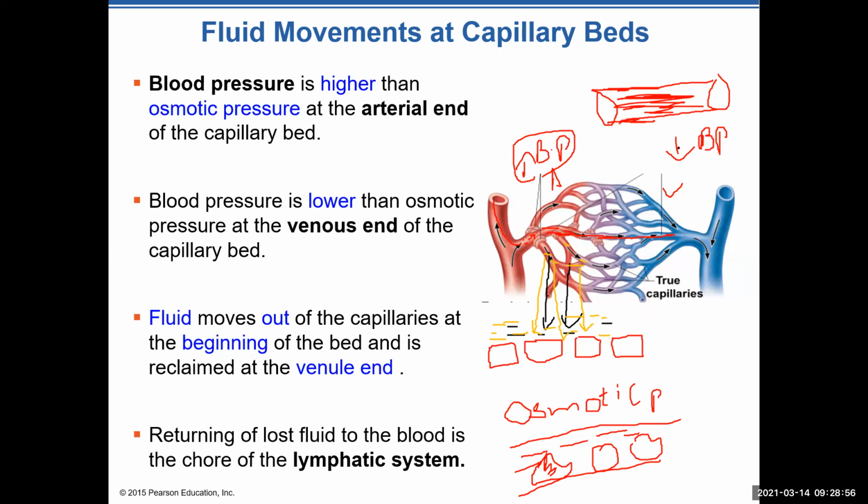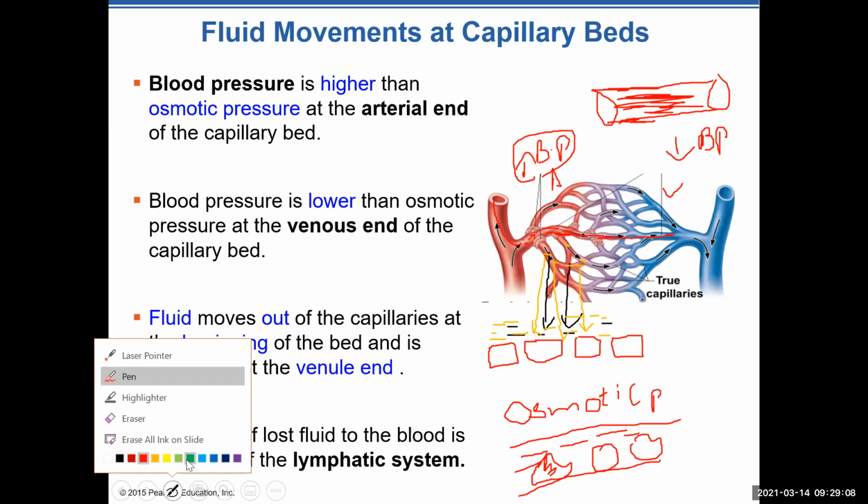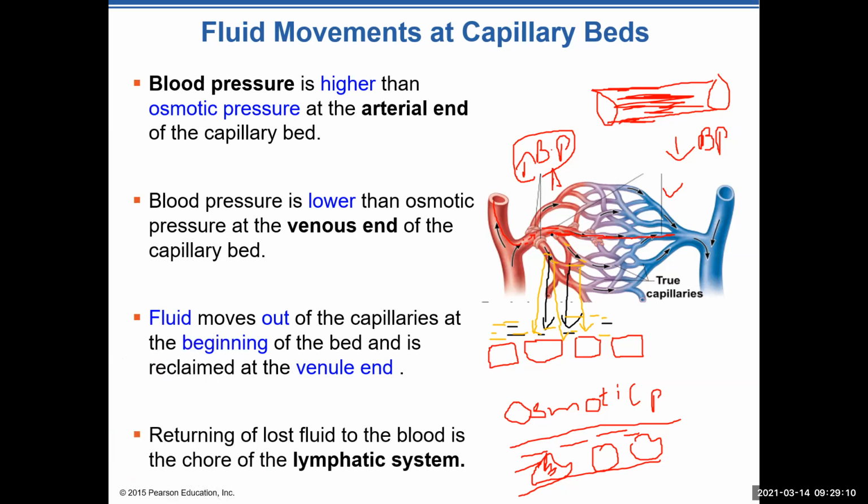So as I said, there's low blood pressure over here, but what remains constant is the osmotic pressure of the blood, because no matter what happens, the plasma proteins present here will still remain in the blood vessels, right?